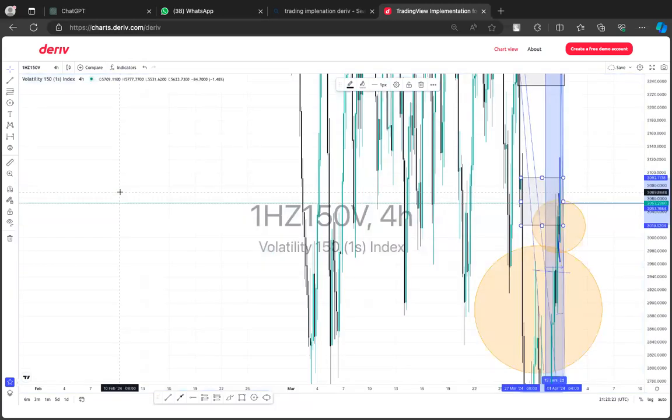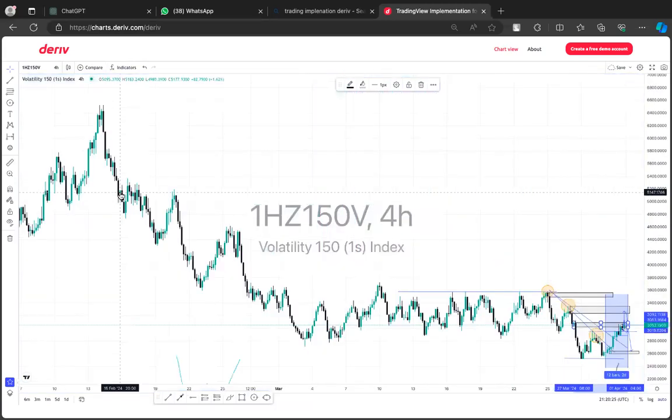You know those three zones we figured out in the 4 hours. The first zone, 1, 2, 3. And we said we are coming for the middle one. We're expecting the market to retrace at the second one here, but we are not sure if it's going to retrace at this first one.